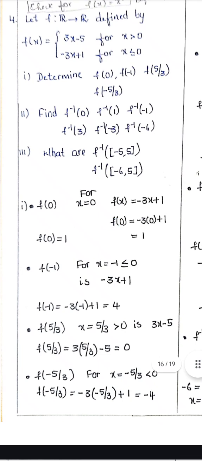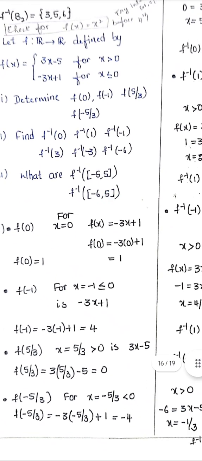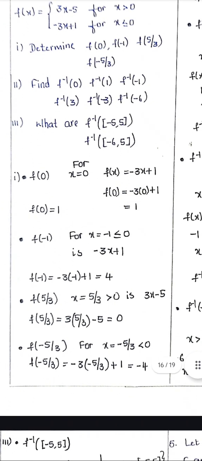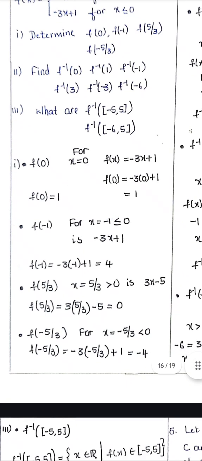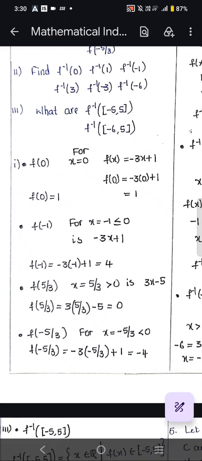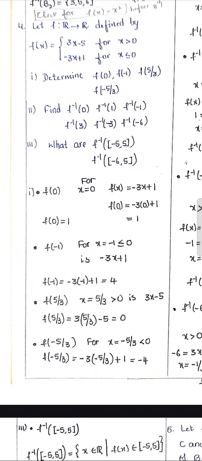Find f inverse of 0, f inverse of 1, f inverse of minus 1 and so on. They have given two things. For x greater than 0 it is 3x minus 5 and for x less than or equal to 0 it is minus 3x plus 1.